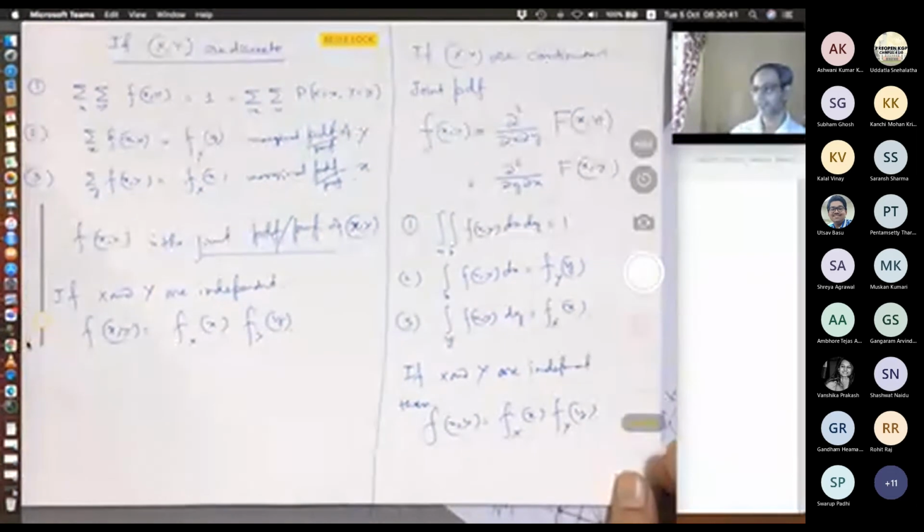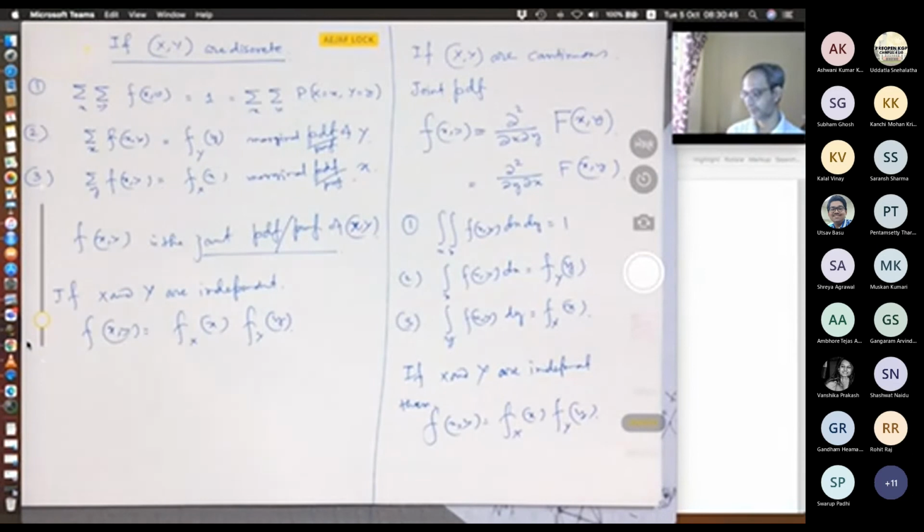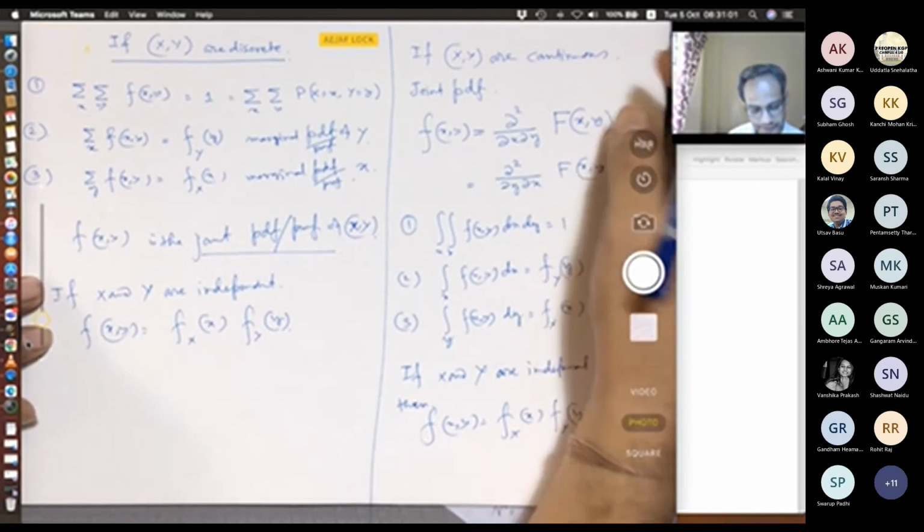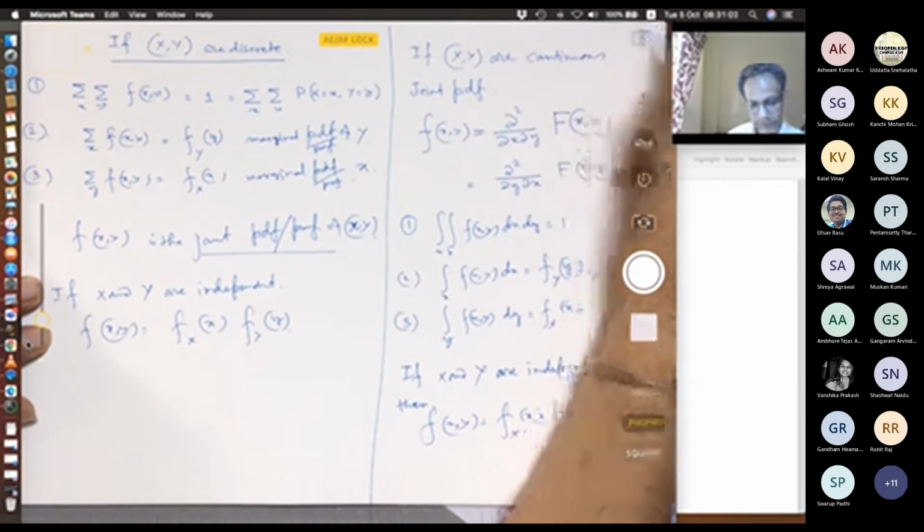So these are the things in general true, no specific example I am going for. Now I will go for an example, and the rest of the things will be a consequence of this example. Any query with these few introductory things?